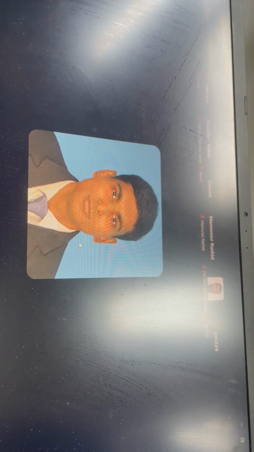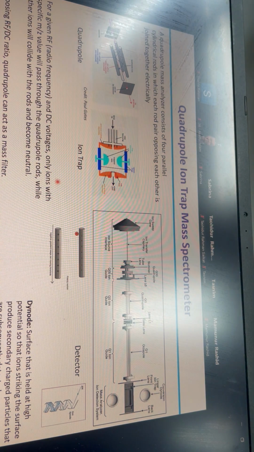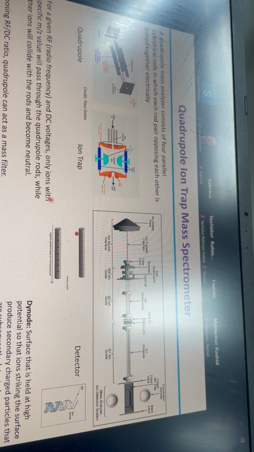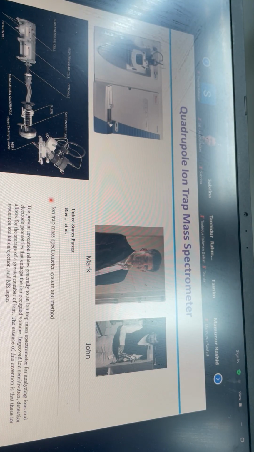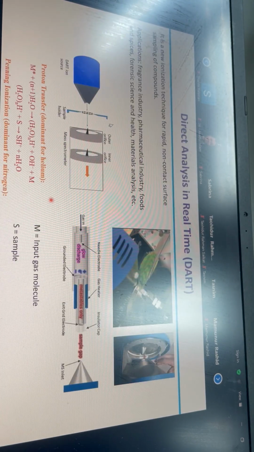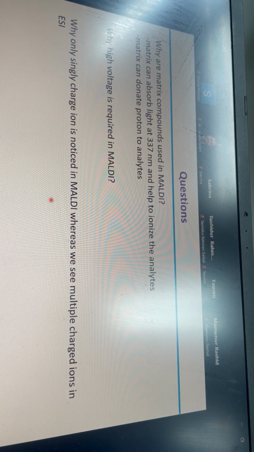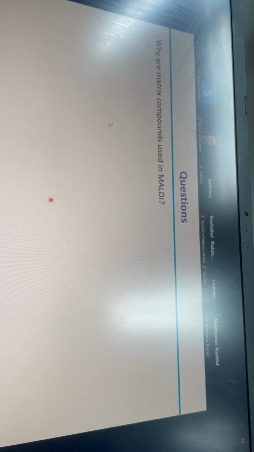Today's topic is proteomics. We learned about the ionization techniques. Protein is a very large molecule, so it is possible to use many techniques to ionize it.